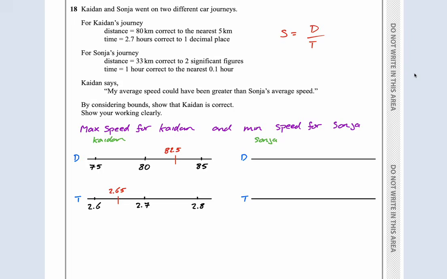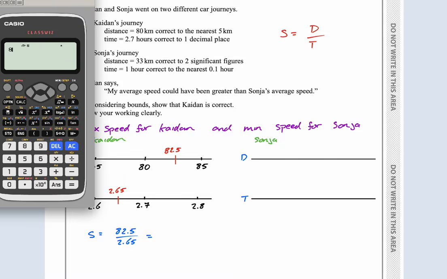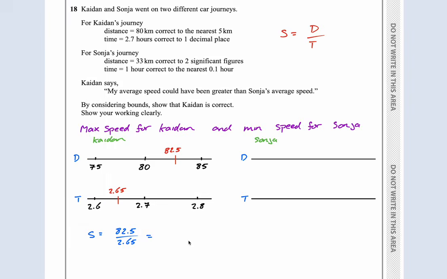His speed is equal to 82.5 over 2.65, which is 31.13. So that's the max speed he could possibly have had.